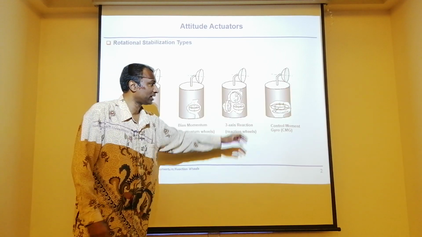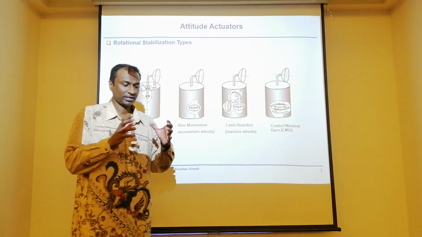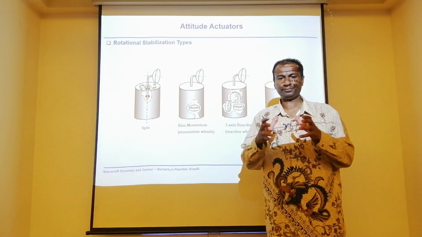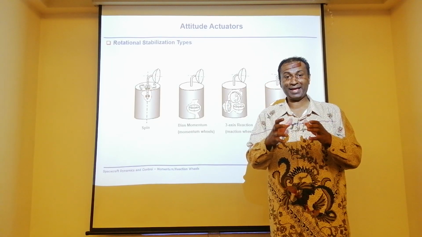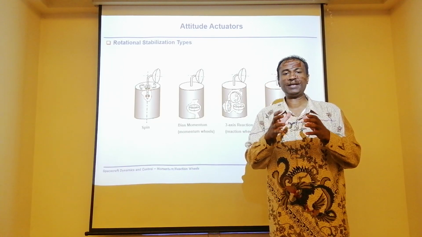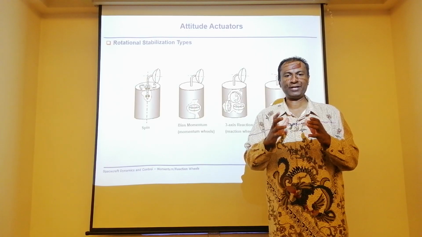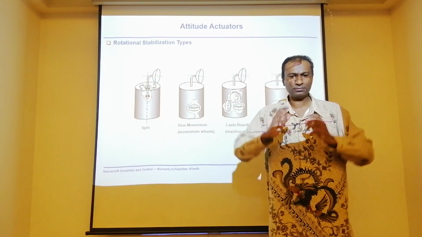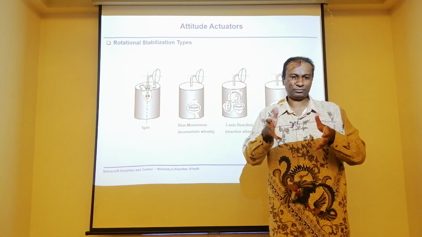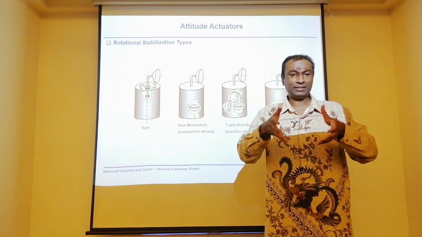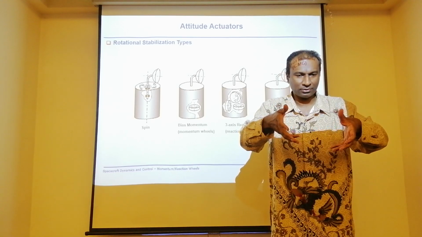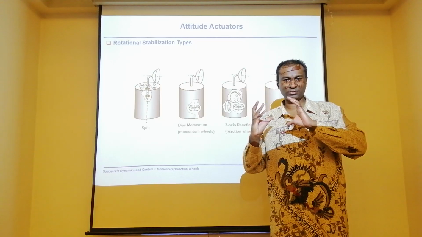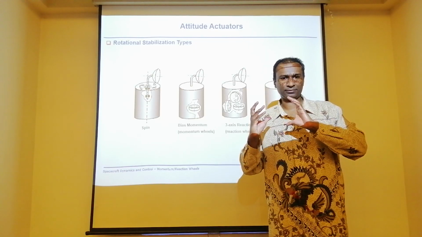So control moment gyro does that. Control moment gyro says, okay, good, I have one fixed rotational direction and axis, but when I need torque in another axis, what I do, I tilt the wheel. When I tilt the wheel, the torque vector will change, and the torque vector is going to also change in a different direction.